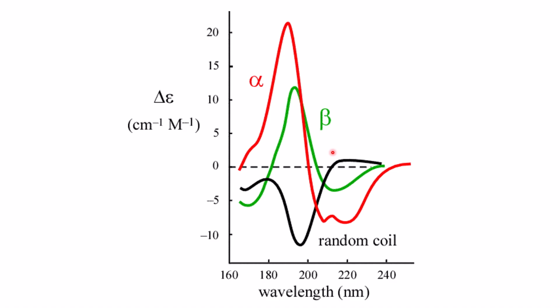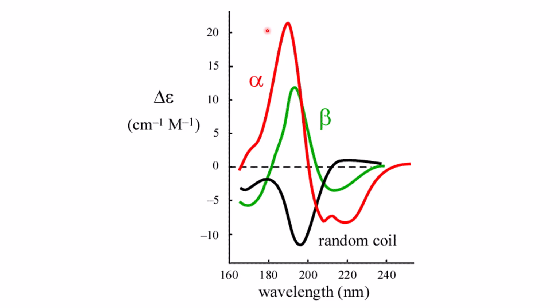Now if you see this graph, it is starting from around 190 and extending till 250. So this wavelength region is where you will get the secondary structure graphs, that is alpha, beta and random coil. Now what is this alpha helix?